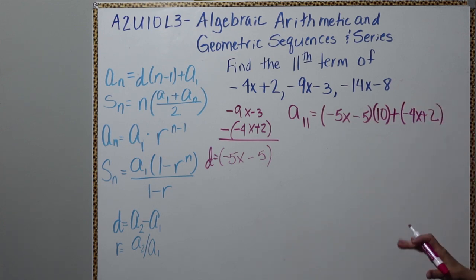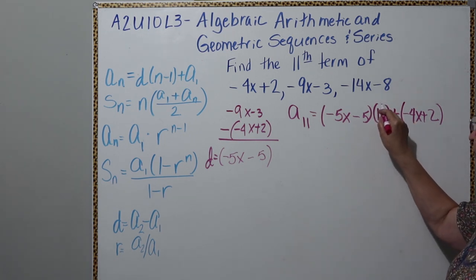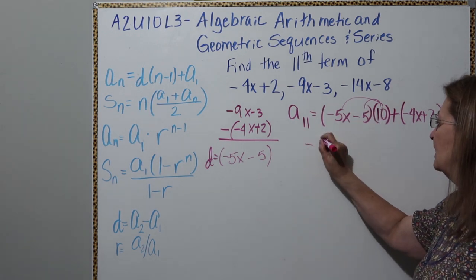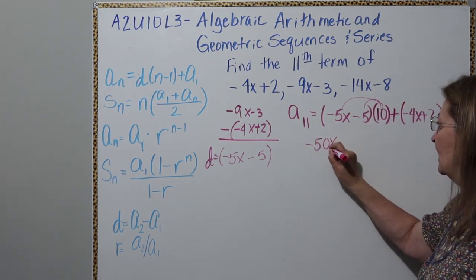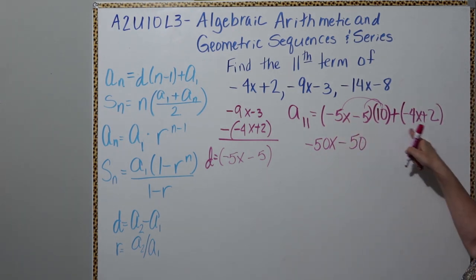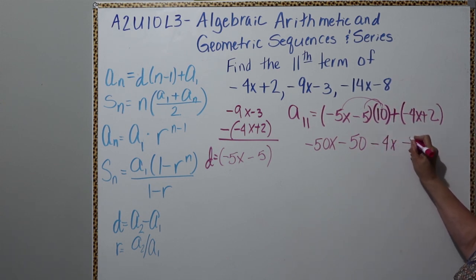Okay? So that's getting it all filled in. Now the rest of it is just the math. So when I come to this first part, I'm going to distribute this 10 in here. That's going to give me negative 50x minus 50. Alright, down here, plus a negative 4x, I can just put minus 4x plus 2.